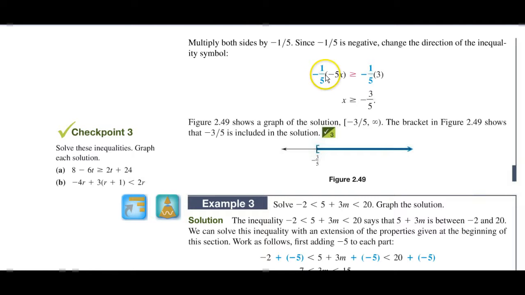So they are showing here the reversal of the inequality sign, and there's your same statement. And they show it in interval notation as well as the graph. My question to you, why are they using a bracket there? Because your inequality sign also includes the equal to, indicating that this value is part of the set.